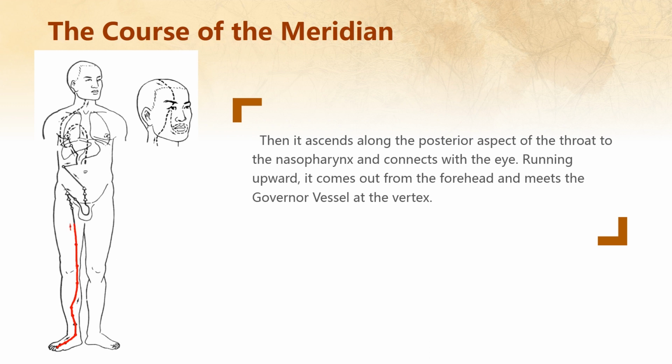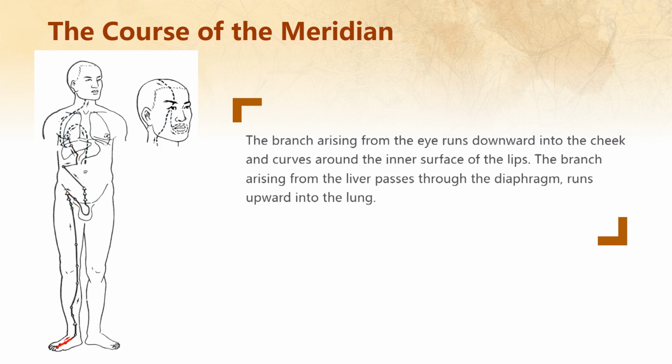Running upward, it comes out from the forehead and meets the governor vessel at the vertex. The branch arising from the eye runs downward into the cheek and curves around the inner surface of the lips. The branch arising from the liver passes through the diaphragm and runs upward into the lung.